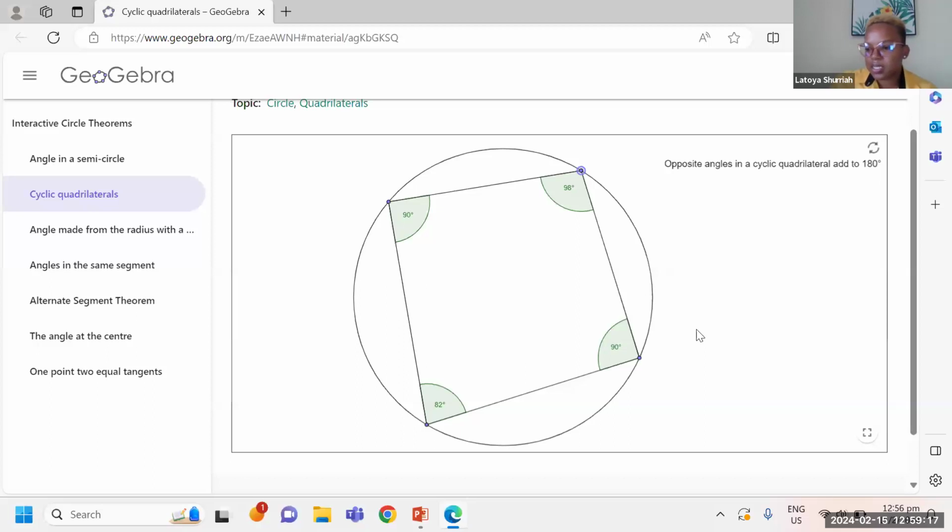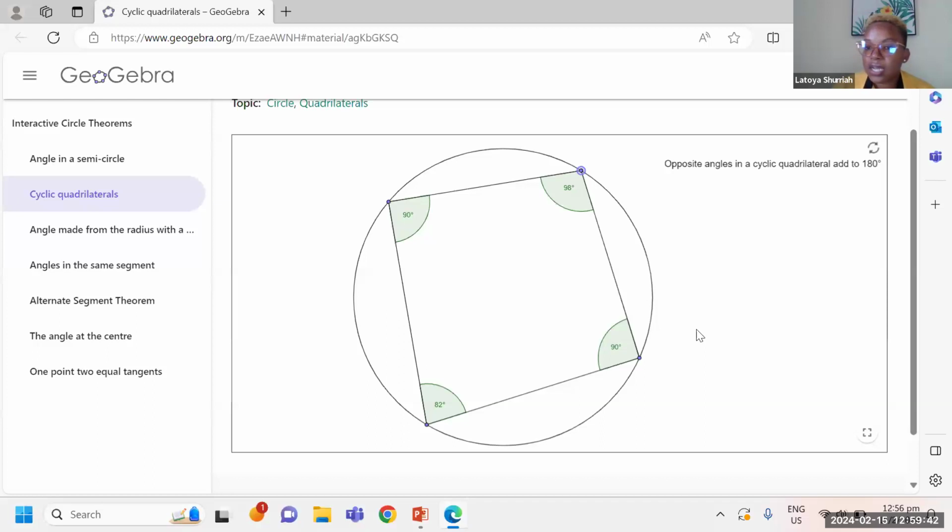All right, Mercedes, go ahead and tell me what you notice. Opposite angles in a cyclic quadrilateral are always supplementary, which means they add up to 180, and everything together adds up to 360. All right, so Mercedes said that.